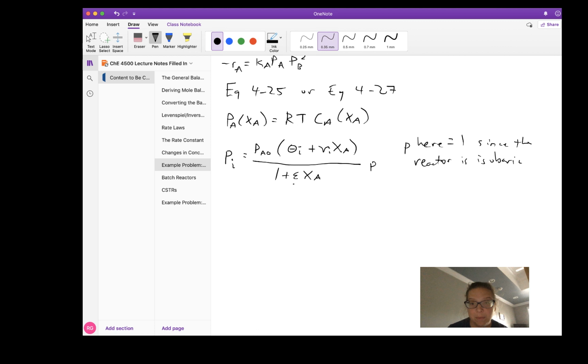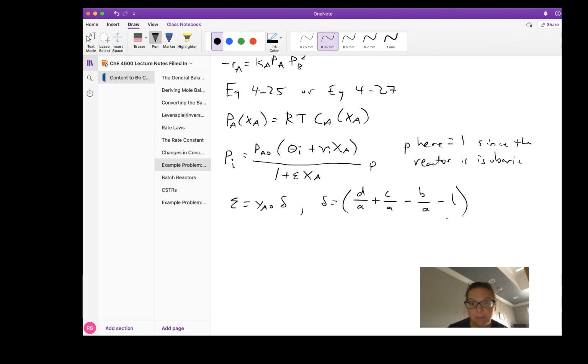To solve this, I need to know the epsilon value. Epsilon is equal to YA naught times delta. Delta gives the change in the number of moles in the reaction per mole of limiting reactant. The general formula for delta is the stoichiometric coefficients of the products divided by the stoichiometric coefficient of the limiting reactant, minus the stoichiometric coefficients of the reactants divided by the stoichiometric coefficient of the limiting reactant.